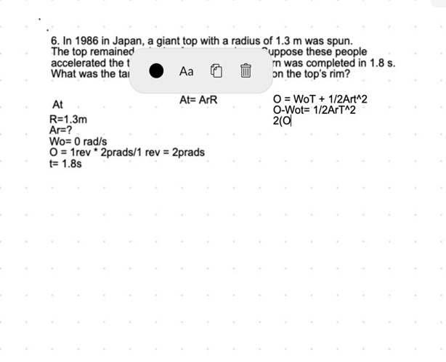So I end up with 2 theta minus the initial speed times time is equal to acceleration times time squared. And then I just need to move over that time squared. So I'm going to divide both sides by time squared. Which should give me the angular acceleration for that moment in time.